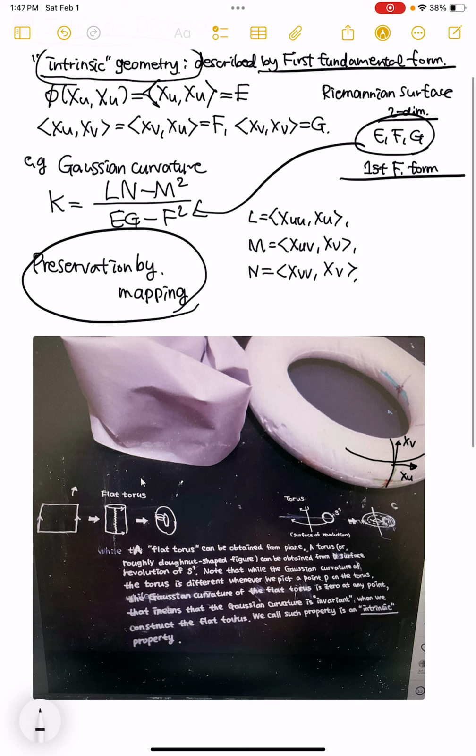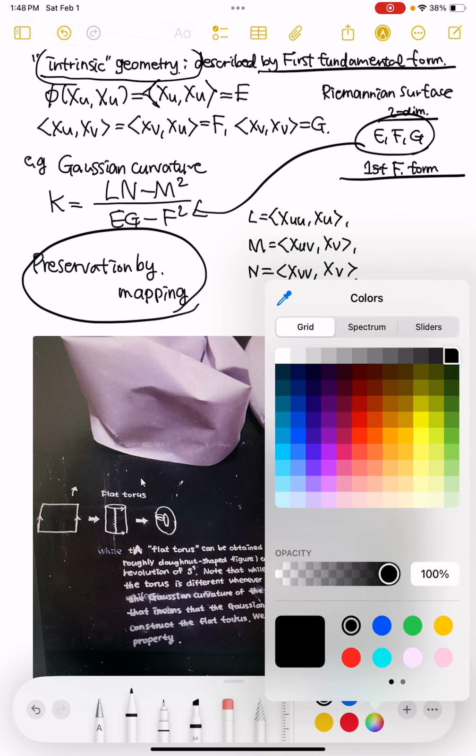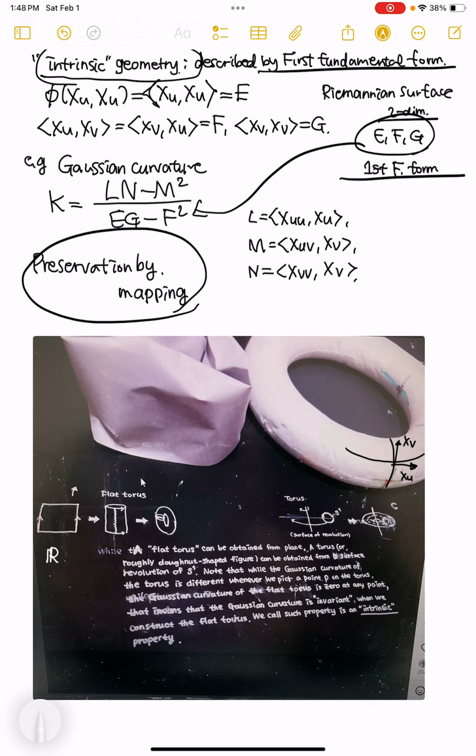For example, we can think about a plane R². If we identify each edge like this, mathematically that is described by R²/Z². That is homeomorphic to a torus.